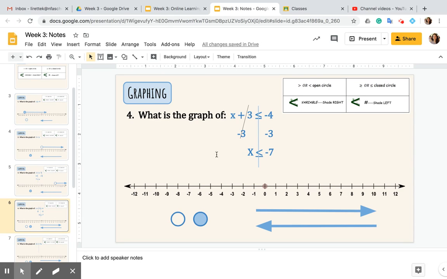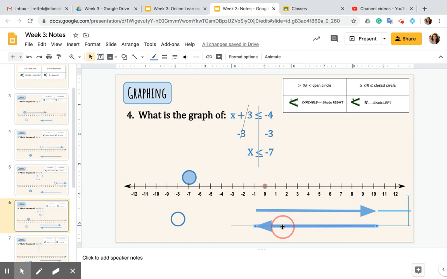I'm going to find negative 7 on my number line and put a circle above it. The symbol has a bar underneath, so I want a closed circle this time. Now I look and see if the symbol has a Pac-Man mouth or an alligator mouth. It's eating the number. If it eats the number, I shade left.